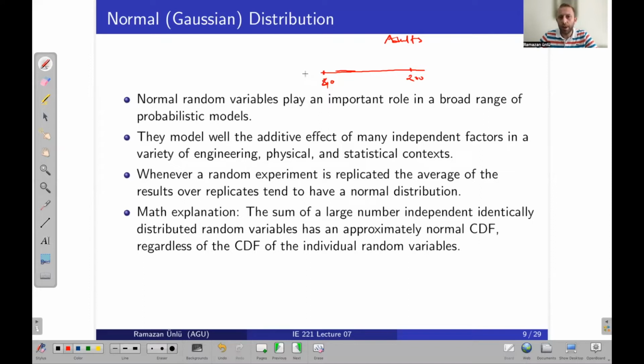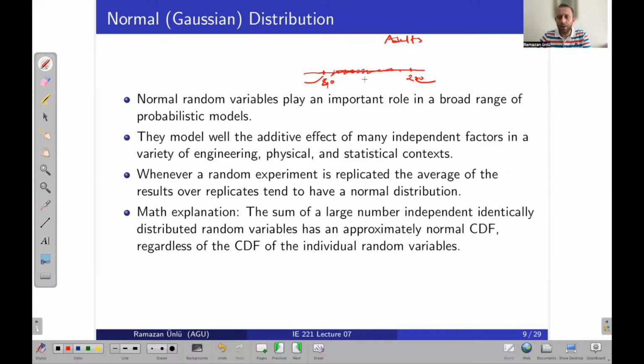So you don't expect anything beyond these two points. If that happens, that means something unusual occurred. So probably the majority of the people will fall into this range, this part, because these things are normal. There is nothing unusual here.